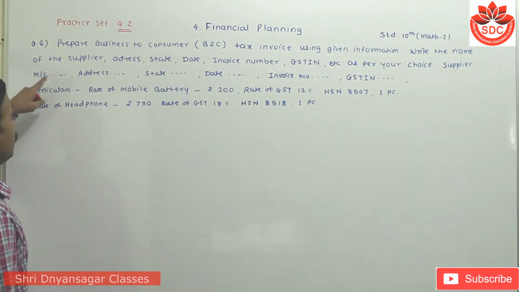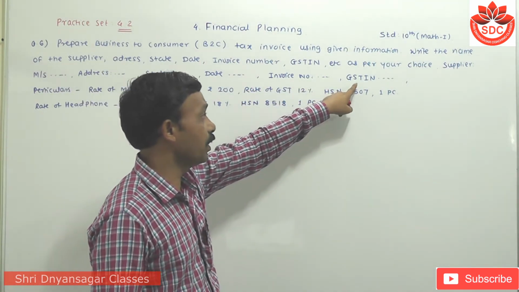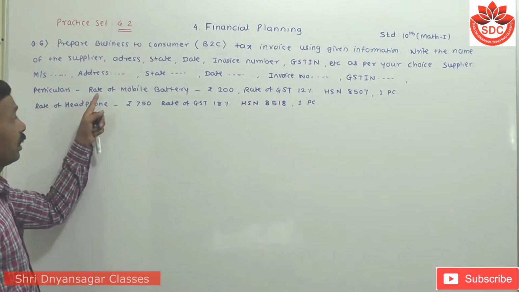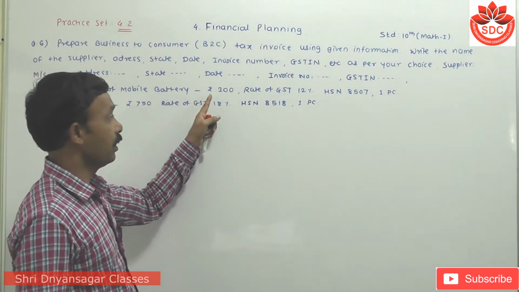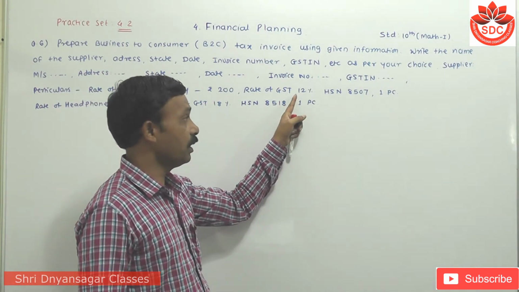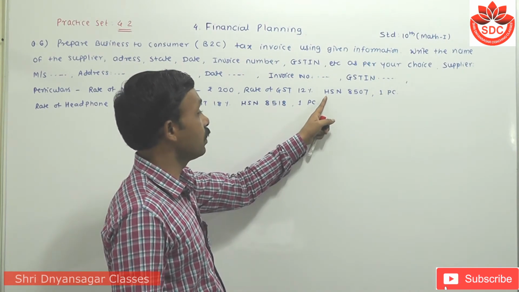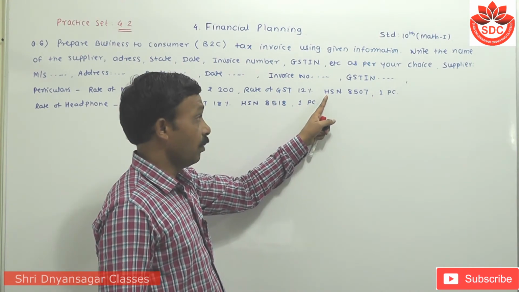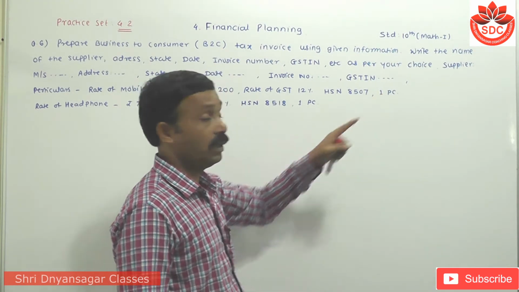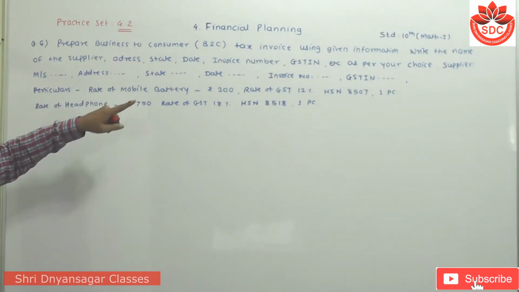Then the particulars: rate of mobile battery is rupees 200, rate of GST is 12%, HSN, that means Harmonized System Nomenclature, is 85071, one packet of this mobile battery.